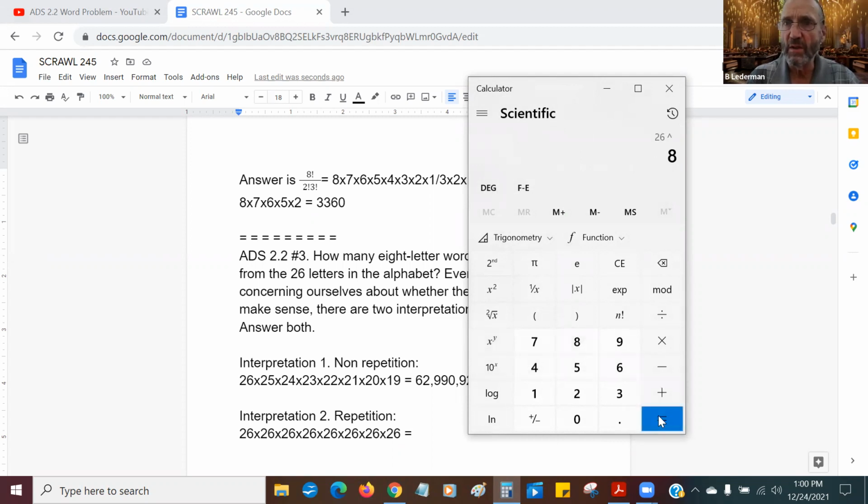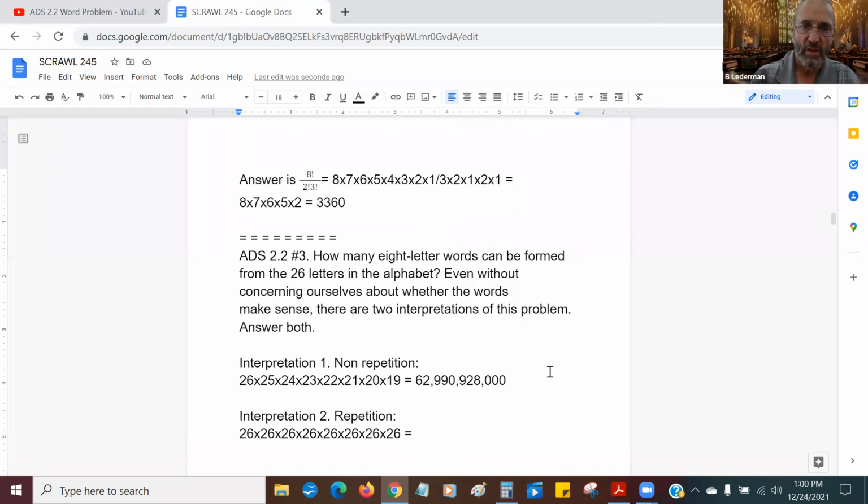And that's going to be, as you can see, a bigger number. It's 208 billion 827,064,576. Let's compare the two numbers. Notice a couple of things.